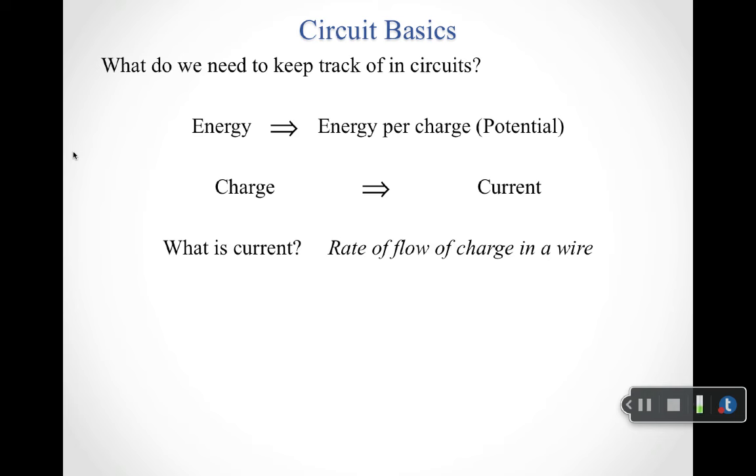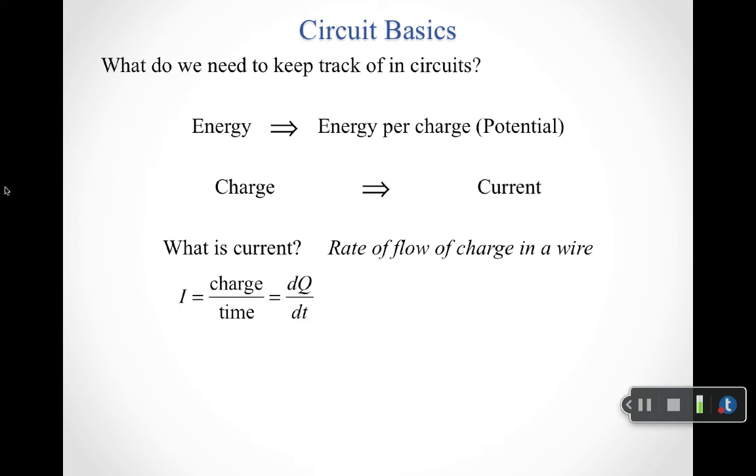So for starters, just a basic definition, what is current? Well, the easiest way to think about it is that it's just the rate of flow of charge in a wire. So fundamentally, this isn't any different from the way that you might describe, say, the current on a river. That would just be the rate of flow of water down the river. Well, this is just the rate of flow of charge within the wire.